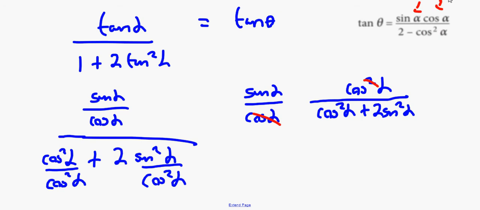Pleased about that. Now, what's the trick we're going to do with the bottom? What function is missing? What function doesn't exist on the bottom? Have to get rid of sine squared alpha. Any suggestions? The first time we pulled out this trick.